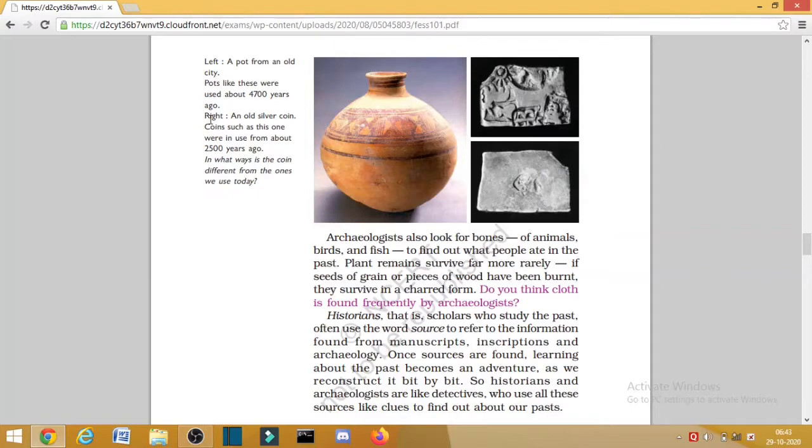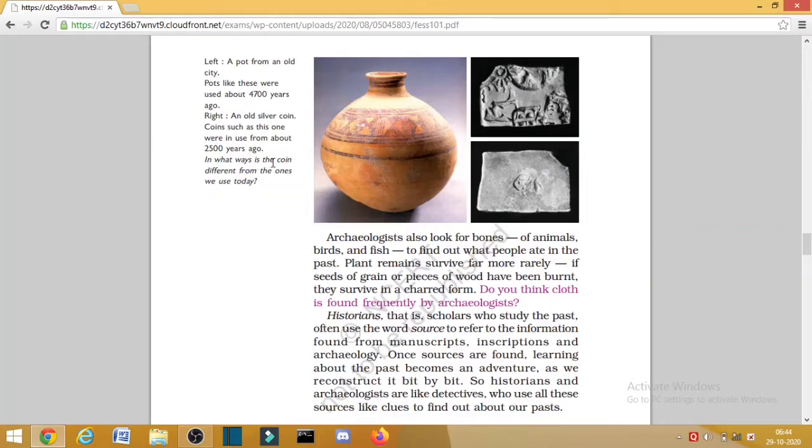Again, let us see towards its right side, an old silver coin. Coins such as this one were in use from about 2500 years ago. At that time, this type of coin was used.